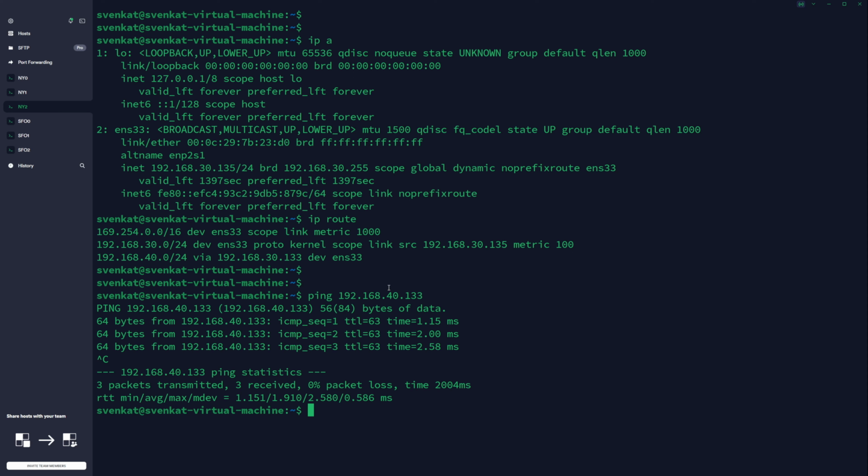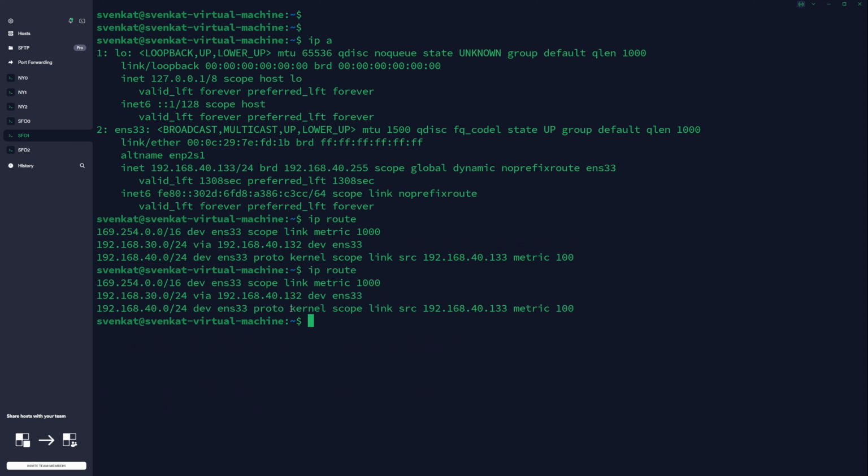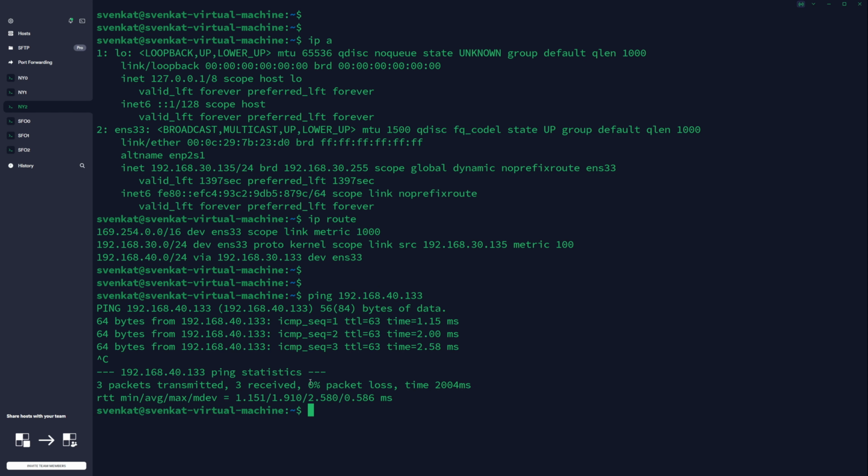In this case, we tried to communicate with 192.168.40.133, which is the San Francisco 1 machine. So here it is, and if I look at the IP route, I see an entry to talk back to the 30 network. Without this particular entry, this ping would not work. So the IP route has to be present on both sides to talk across the network.